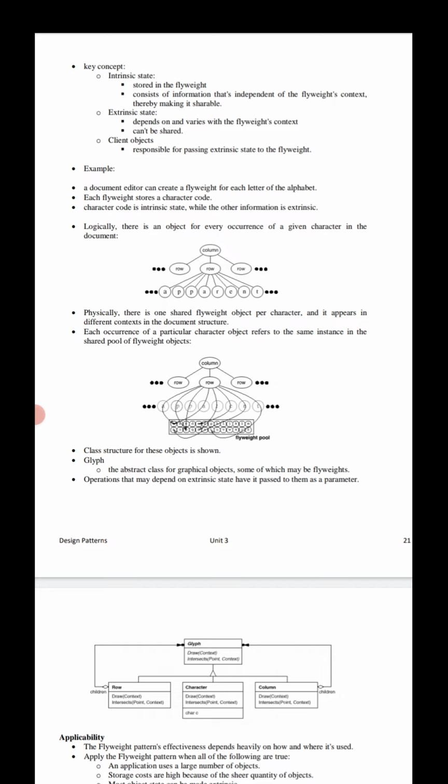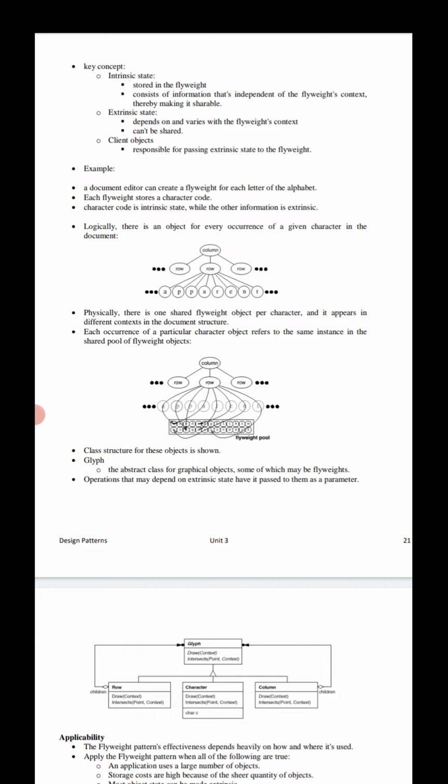The character code is intrinsic state, while the other information is extrinsic. Here we should see logically there is a particular object for every occurrence of a given character in the document. Here one row will contain many objects which will be created, character codes, A P P A R E N T.